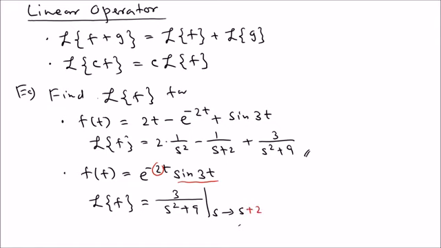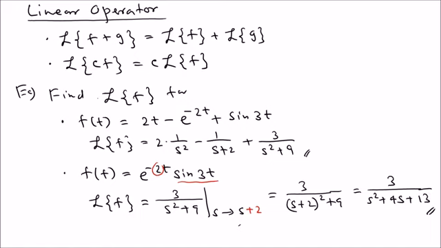Remember the format, there's a negative sign here, but we're going with the plus sign. You simply replace s with s plus 2. If you do that, you end up getting 3 over (s plus 2) squared plus 9. If you want, you can simplify the bottom. That's not a must. If you expand and add 4 and 9, you get s squared plus 4s plus 13. So that's the Laplace transform of that. It's not that difficult, but this is how it works.